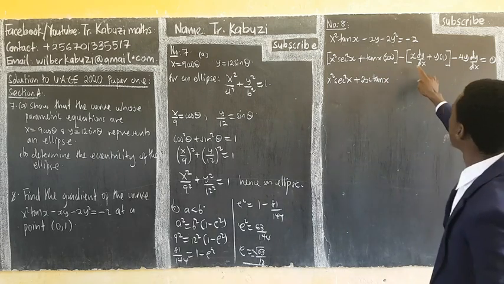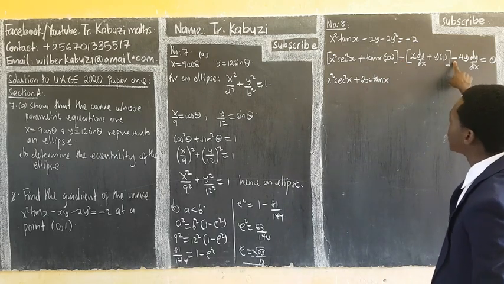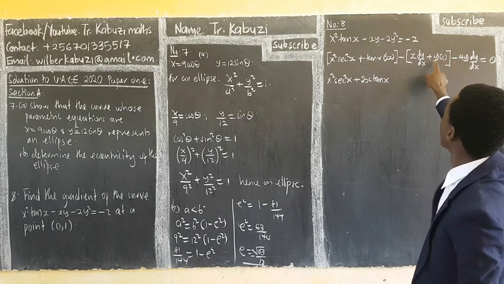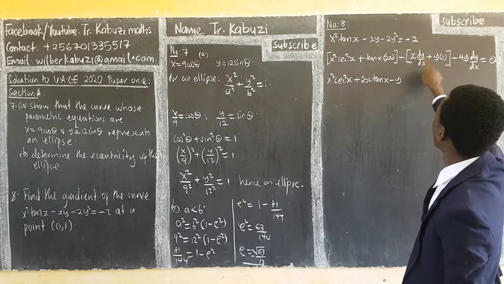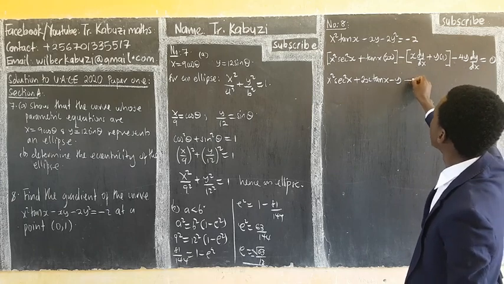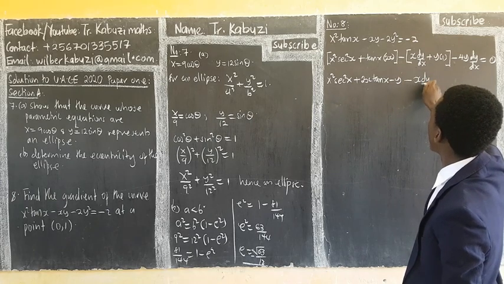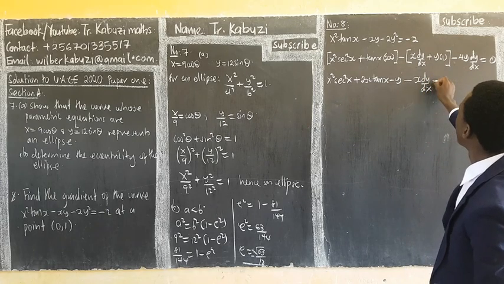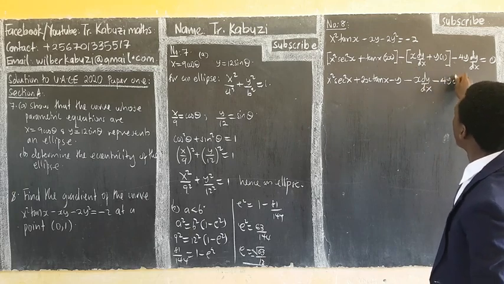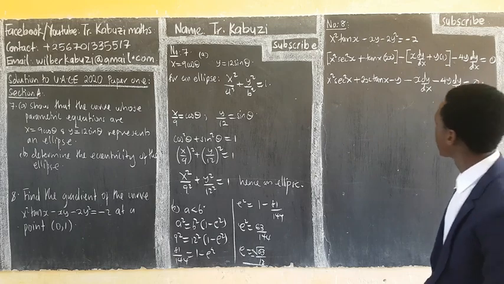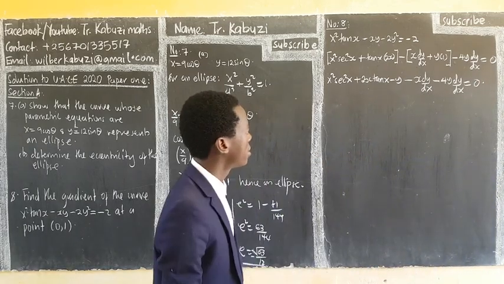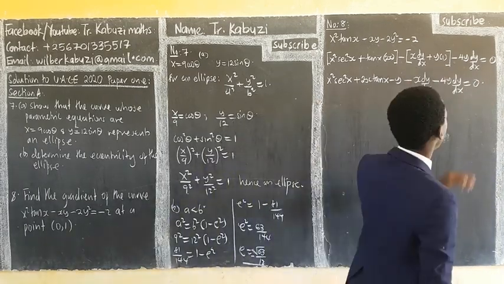Now, you see when I combine this and this, this is going to be minus y, then I want to combine this and this, so minus x dy dx, then minus 4y dy dx, all of this is equal to 0. Now, I'm going to take these ones the other side.